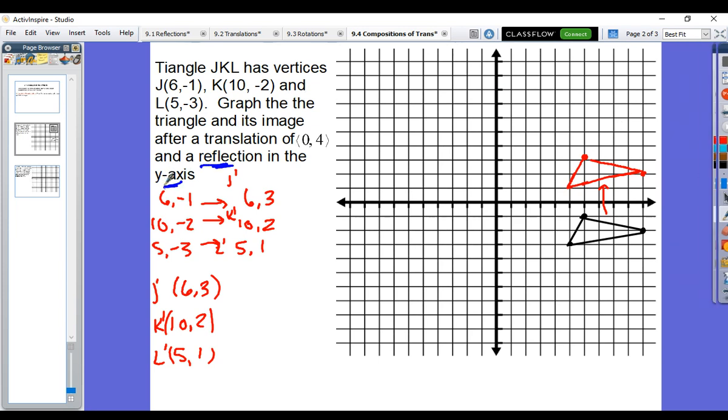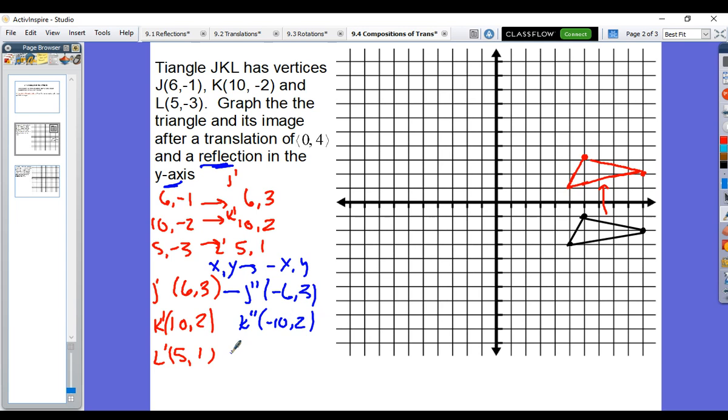Now remember, reflection over the y-axis, what happens is you take your x, y as it is, and when you reflect it, it becomes negative x, y. The x changes. So when we do that, we call this J double prime. That means it got changed twice, giving us now -6, 3. K double prime, which now puts us at -10, 2, and L double prime, we are now at -5, 1.